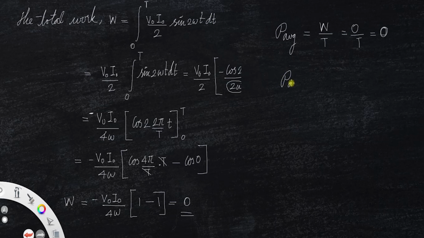So the average power in a purely capacitive circuit is 0. Which means there is actually a voltage and current in the capacitive circuit, but this current gives no power. So this current is called wattless current, like we discussed in the inductive circuit. Clear?